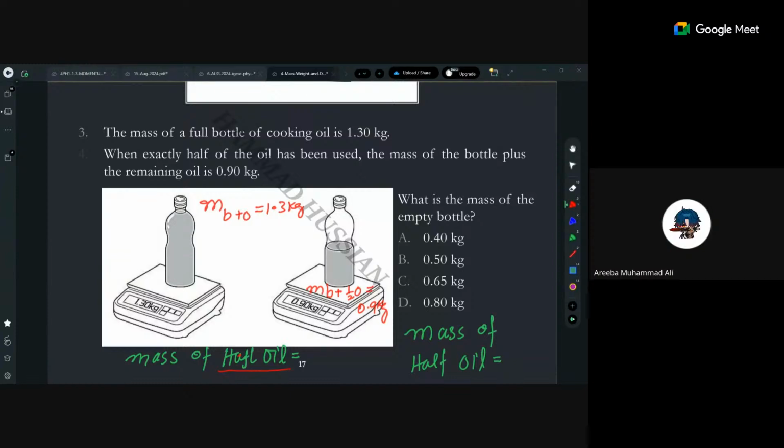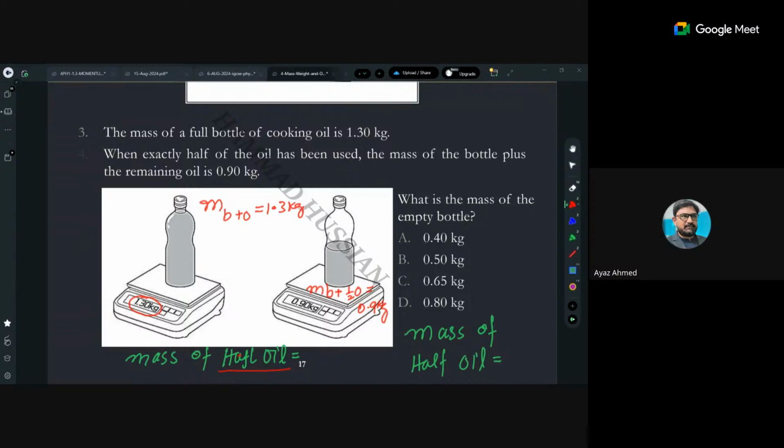Of half of it. Zainab? Yes. Sir, I disconnected from the call. Okay, देखो. 0.65, half of it. 0.65. No. This is not in the option. Check करो. No, the answer 1.3 is B, but he said half of the oil.